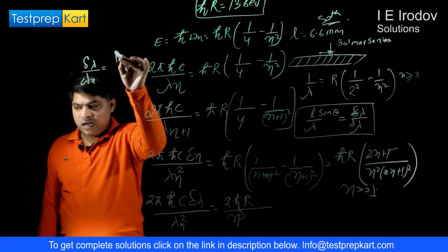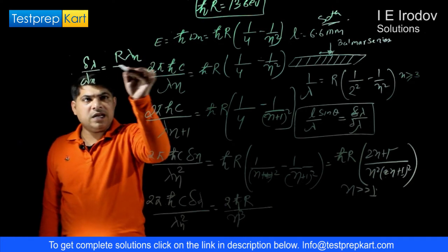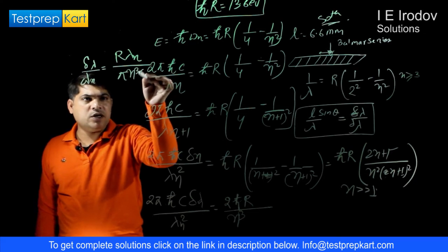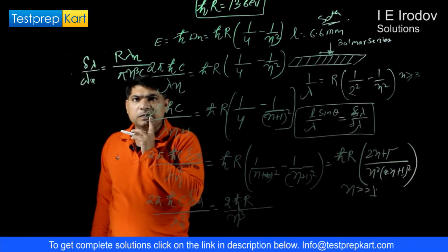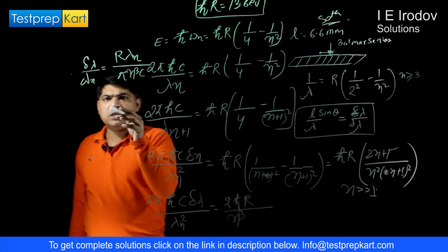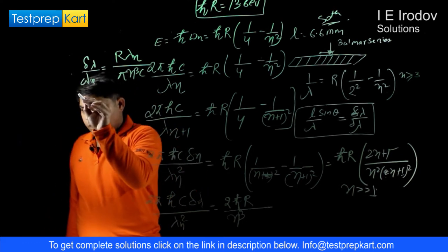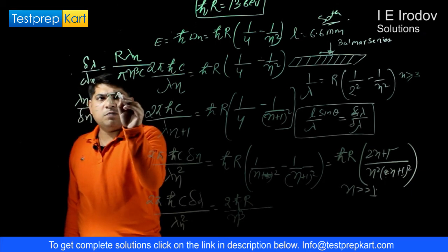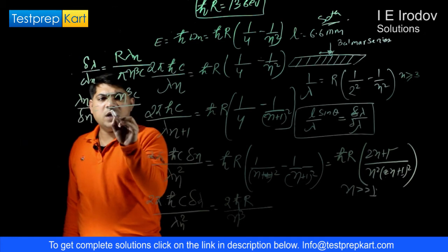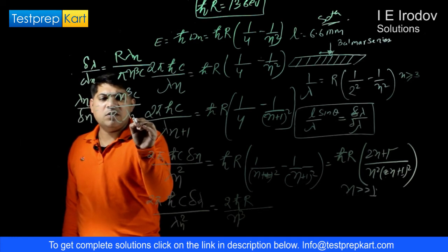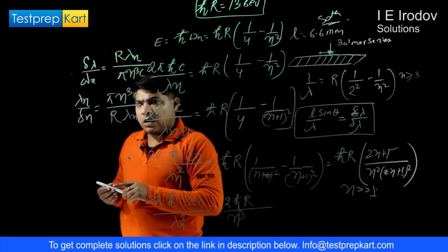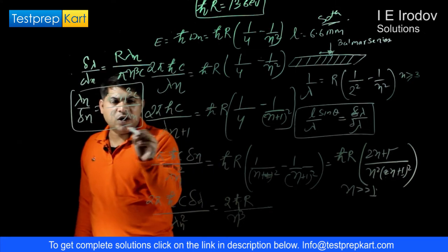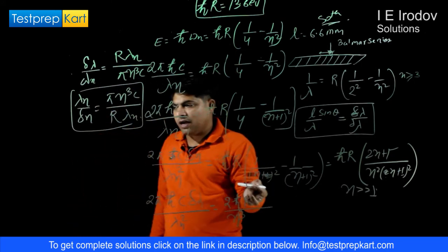So this is R lambda n over pi n cube c. So we get lambda n over delta lambda is equal to pi n cube c over R lambda n. This is the resolution limit we got in terms of delta lambda over lambda.